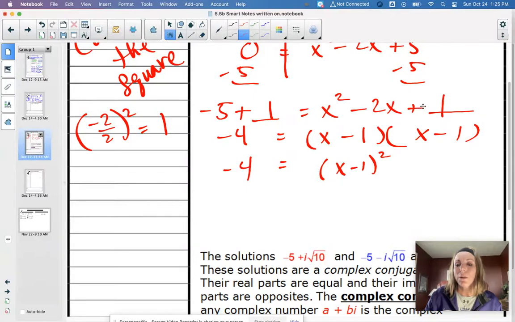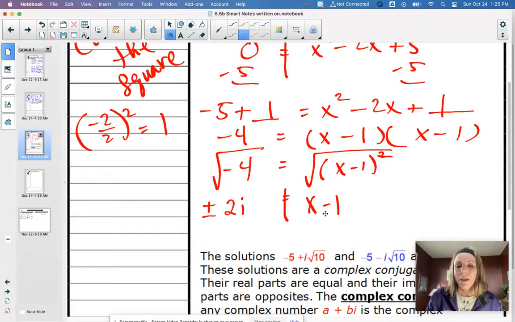Two numbers that multiply to 1 and add to -2. And now I can take a square root of both sides. That cancels. So I know over here it's going to be plus or minus. This negative underneath, remember, represents i, and the square root of 4 is 2. So 2i. And that's just going to be x minus 1. Add 1 to both sides. And our answer is going to be x is equal to 1 plus or minus 2.